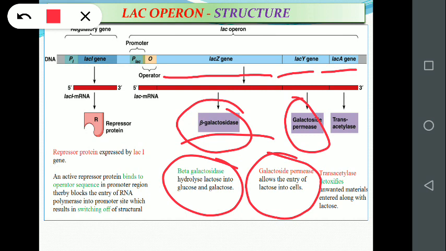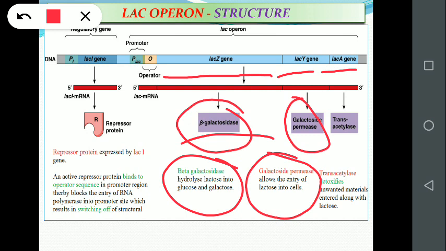If that lactose doesn't enter the cell, then the beta galactosidase inside the cell cannot metabolize it. Okay, first of all it should enter into the cell, then only the beta galactosidase hydrolyzes the glycosidic bond to form the monosaccharides, that is glucose and galactose. Okay, so permease allows the entry of lactose into the cell.